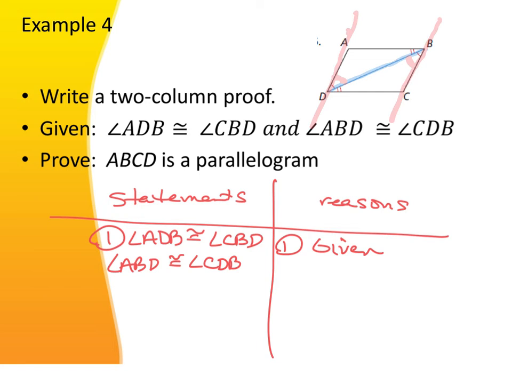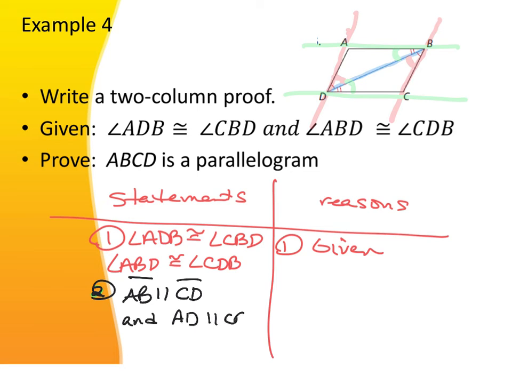And then I could also say that AB is parallel to DC because of these alternate interior angles. So my next statement is that AB is parallel to CD and that AD is parallel to CB, and that reason is the alternate interior angles converse.